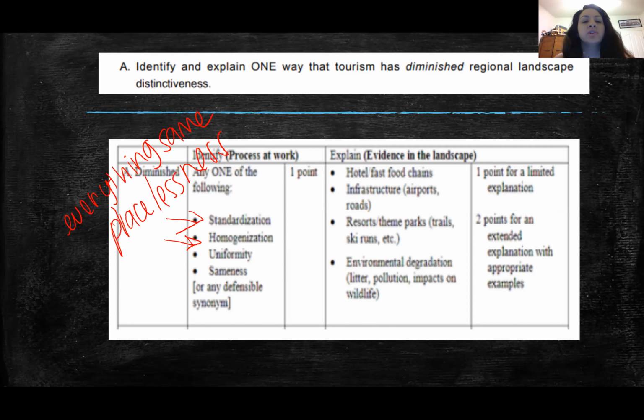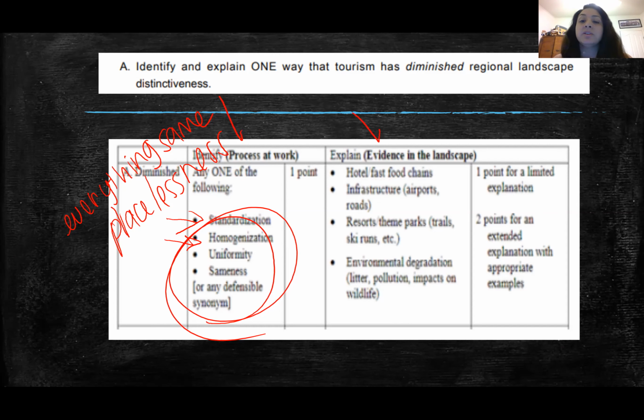So if you just identified that there is a feeling of placelessness or standardization or homogenization or uniformity, sameness, any of these things, you got 1 point. That's just for that first portion of letter A. So you needed to identify, that's 1.